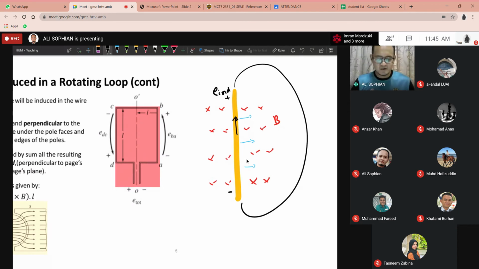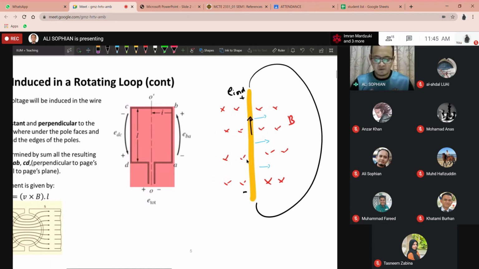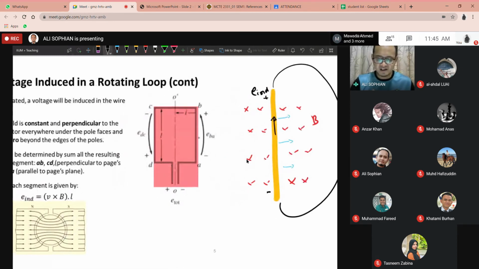Similarly, now you've got the coil here, the wire. Remember, this is the wire, in a different color maybe.